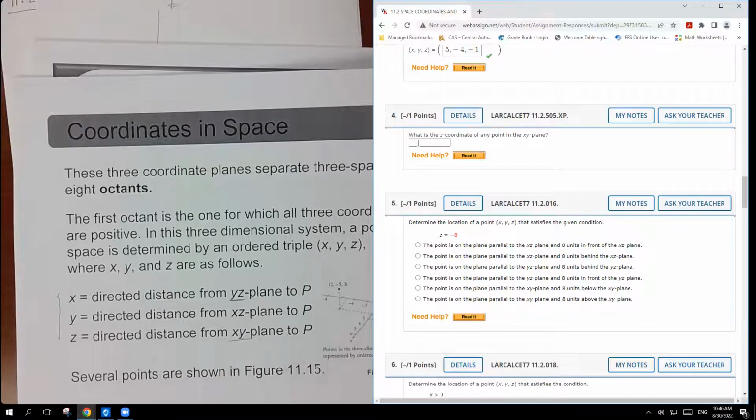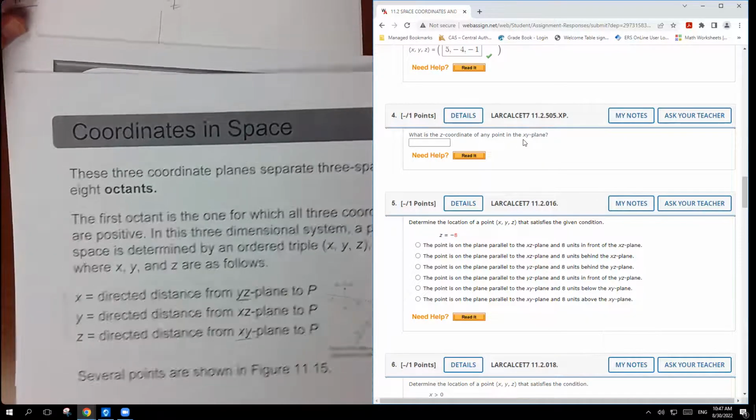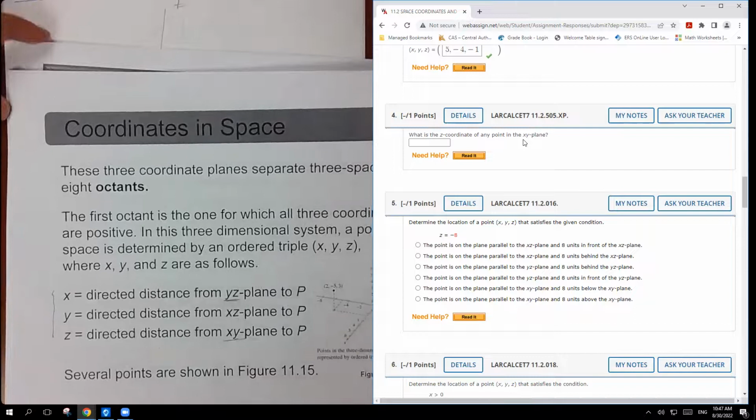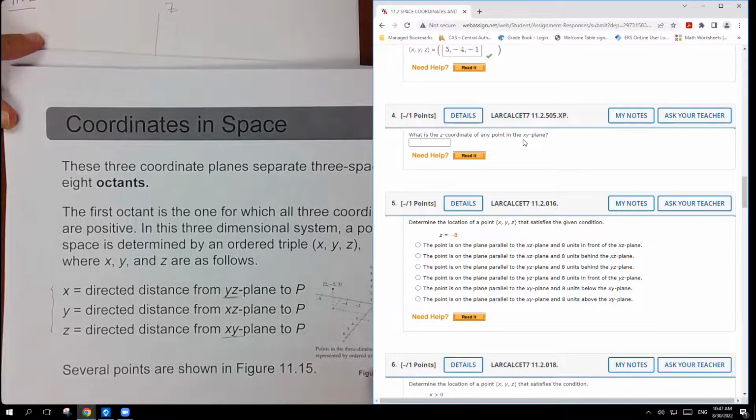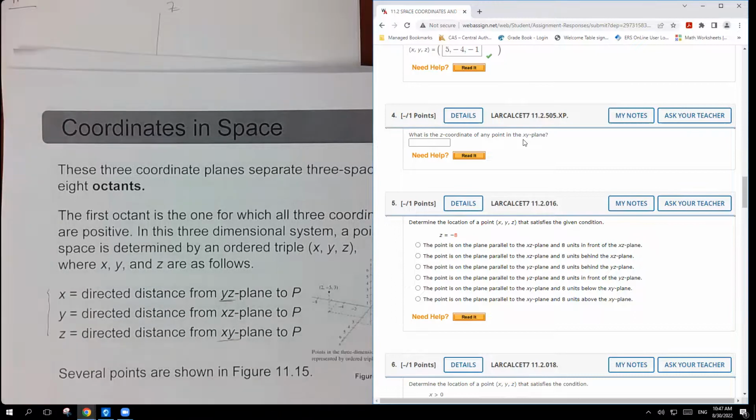Next one, what is the Z coordinate of any point here in the XY plane? XY plane, that would be a Z. Okay, so XY plane is Z. But if there's a point on the XY plane, how much is going to be the Z?